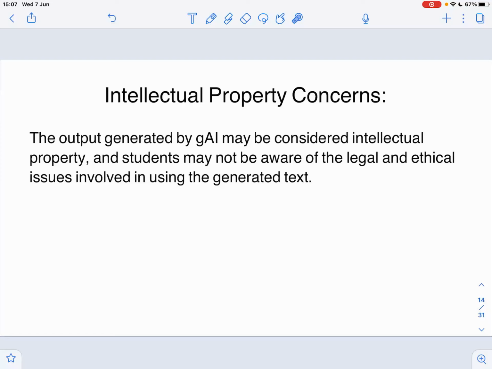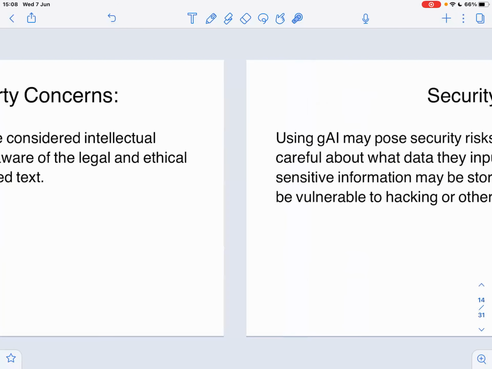A picture that has been created by Midjourney or text that has been created by ChatGPT does not belong to OpenAI, for example. At the moment, I know that people are working on that, and that is something we definitely need to instill in our students and make them aware of.